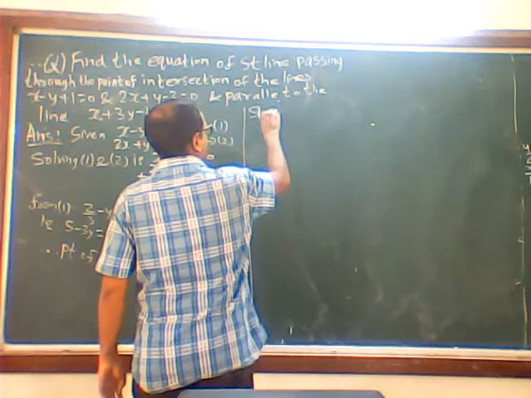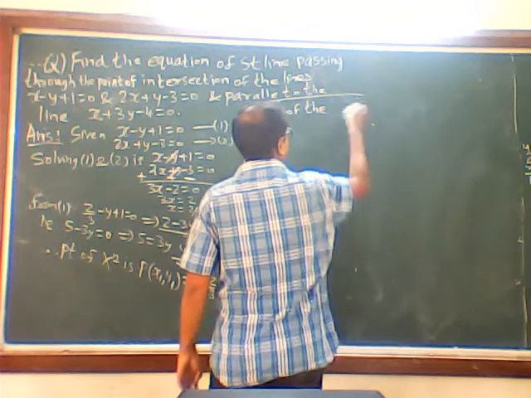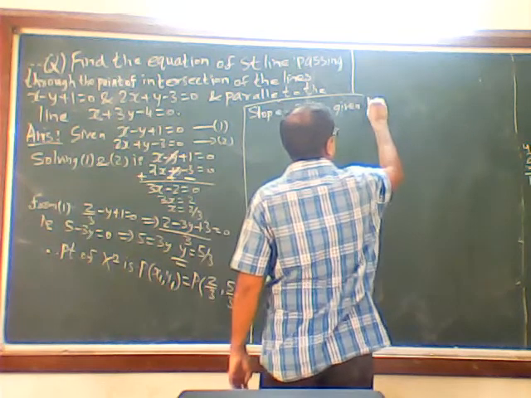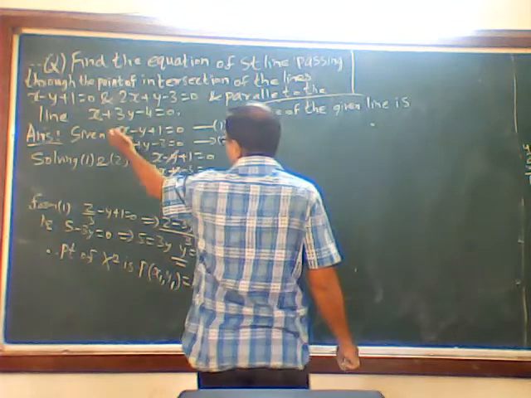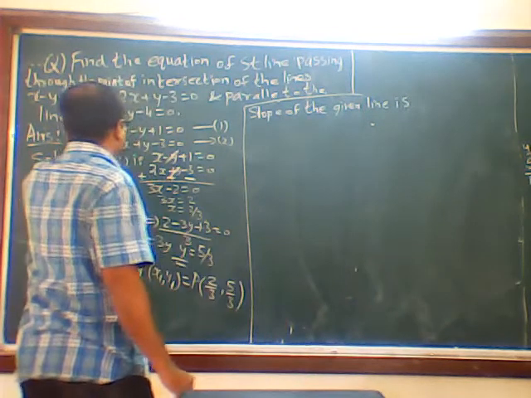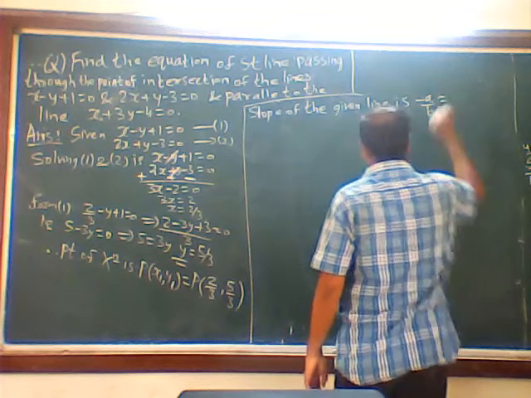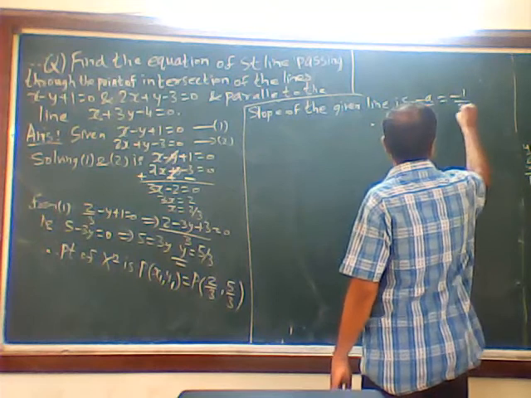Slope of the given line is what? Slope of the given line is minus a upon b, that is minus 1 upon 3.